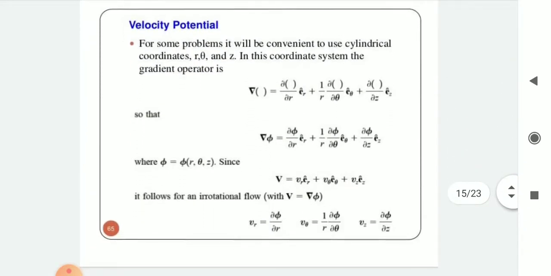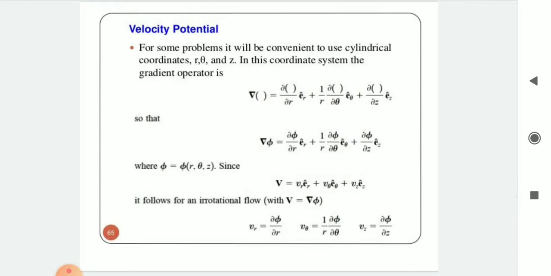For some problems it will be convenient to use cylindrical coordinates r, θ and z.